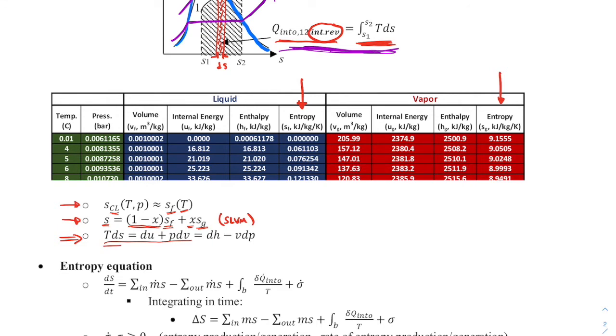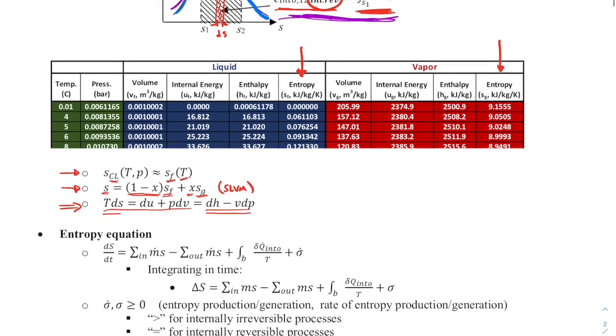And then the other one involves the specific enthalpy: TdS equals dH minus VdP. So they're just two TDS equations we can use to relate properties. It's a handy way to convert between various properties.